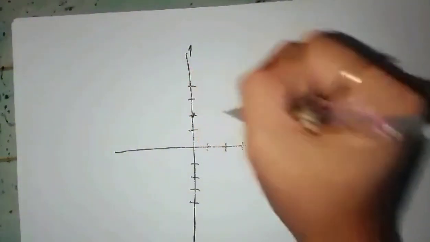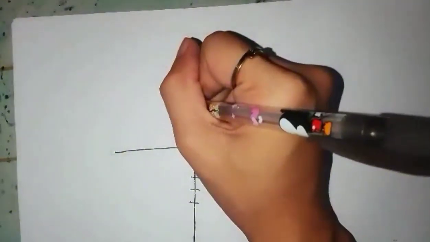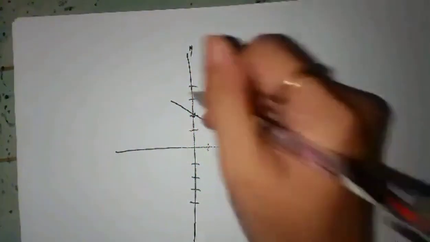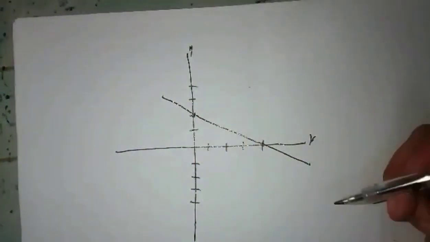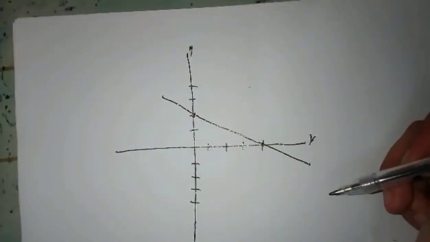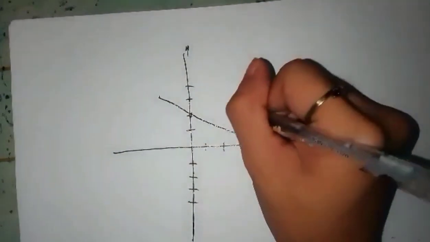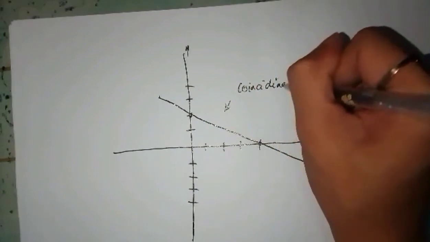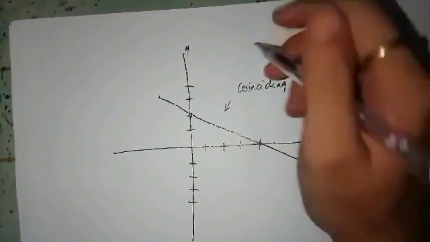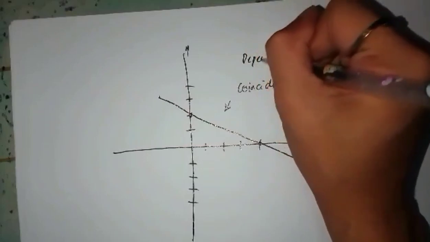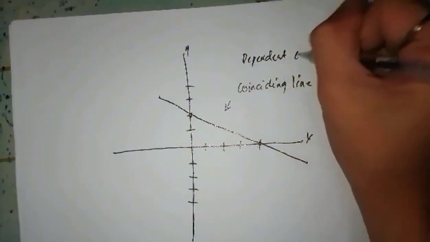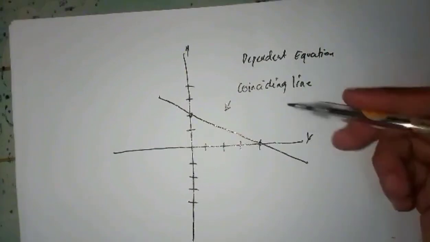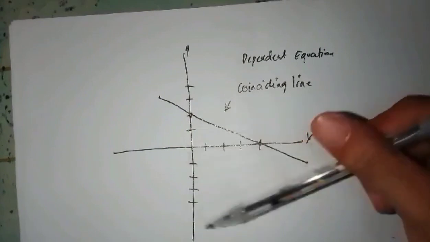Y is 2, x is 4. Pag once nga ing ani ang pag-graph or pagbutang nimo sa line, tawag ana coinciding lines. This will be called coinciding lines. Dependent equation. Mao ni ang coinciding line and dependent equation sa graph niya.